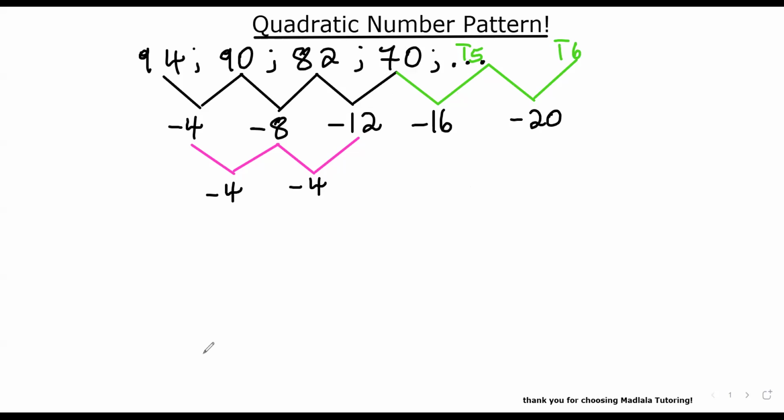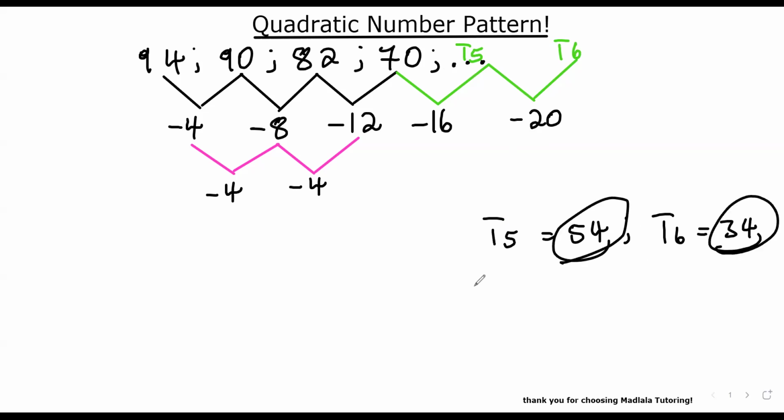So what is 70 minus 16? It gives us 54. And then if you say 54 plus negative 20, it gives you 34. So the next two terms are 54 and 34.